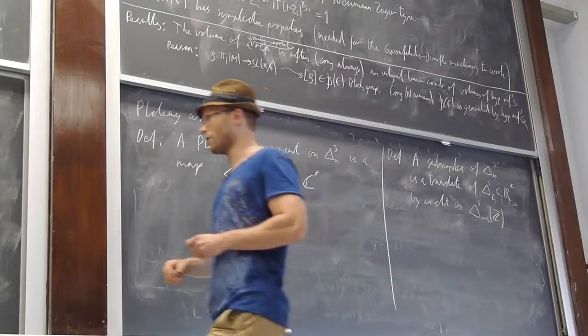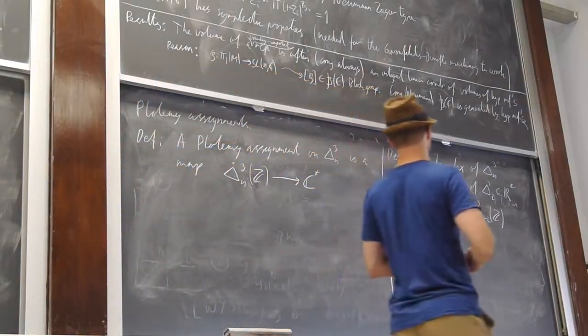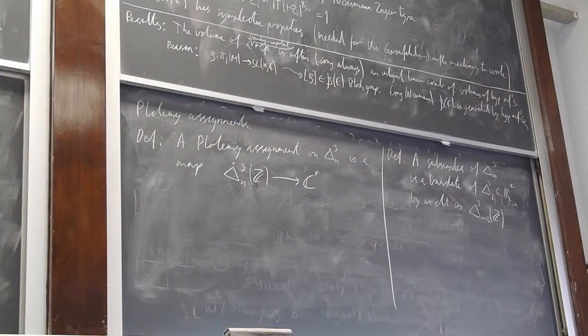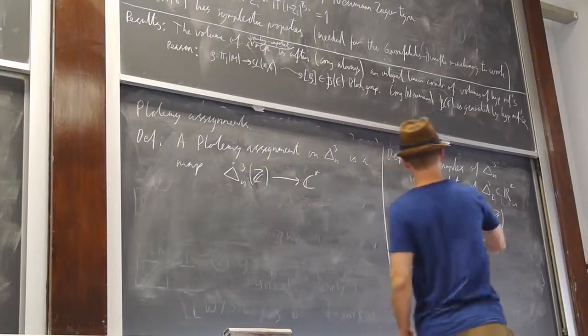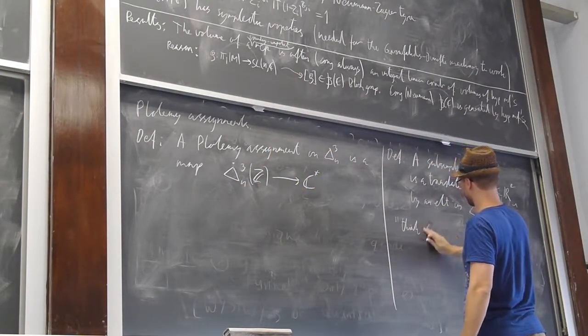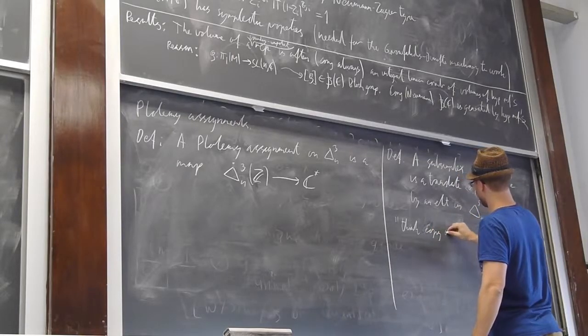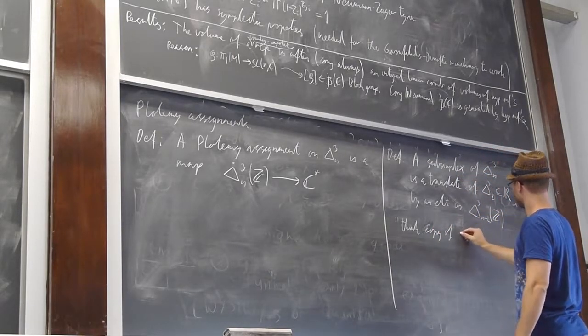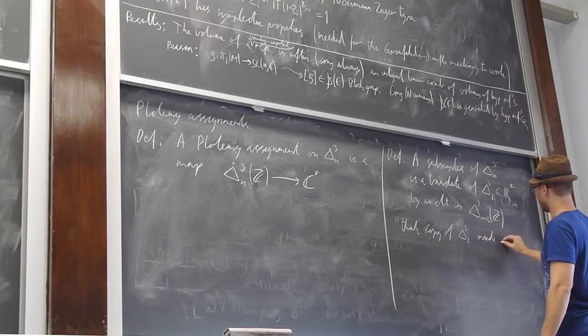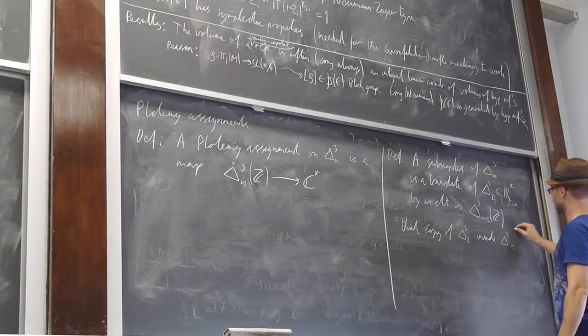I'll try to draw it. So what it is, you should think of it as just a copy of this gadget here inside the bigger gadget. Or think of it as a copy of Delta_2 inside Delta_n.